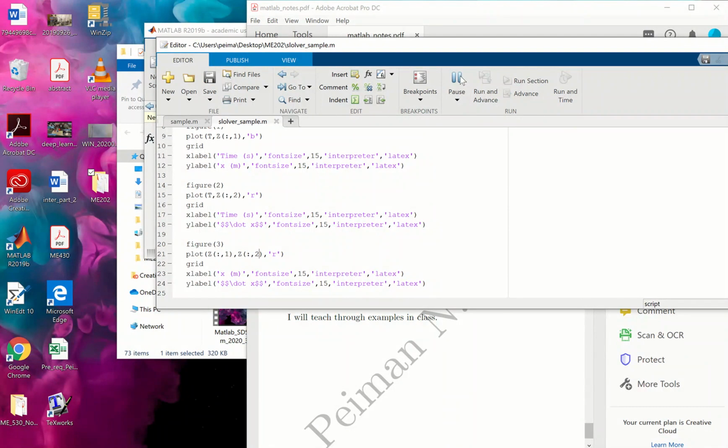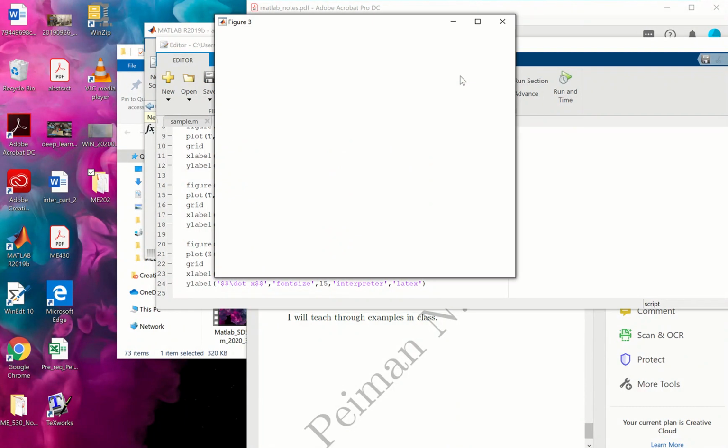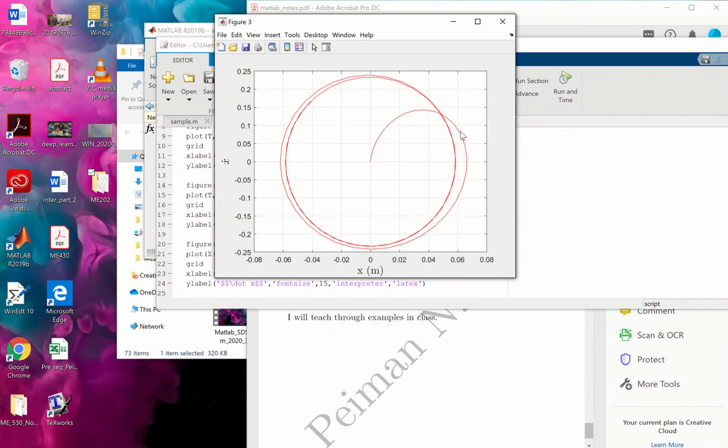Okay, guys, look at here. What do you get? The name of this is phase portrait, or phase plane. You are plotting velocity versus displacement, and you see it gives more sense of interpretation. It says that your system, starting from 0 and 0, is finally going to follow a harmonic force that you apply to the system.